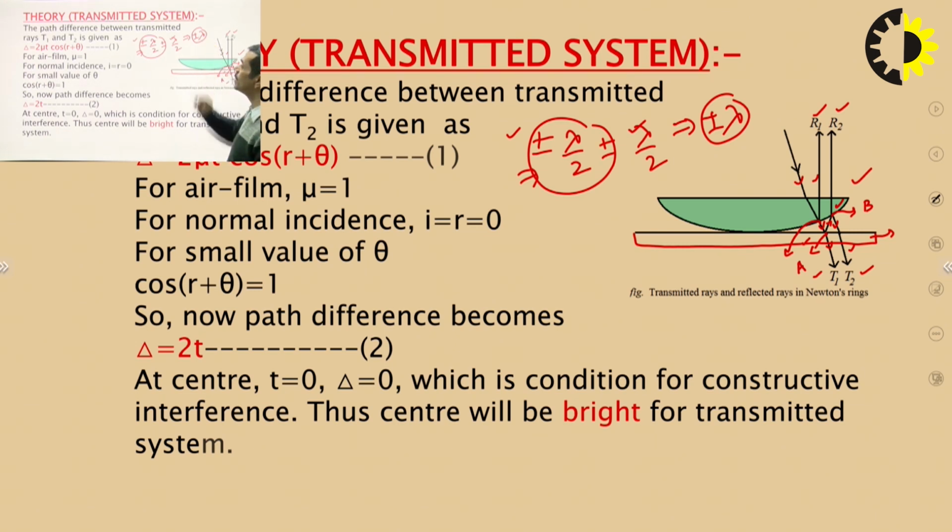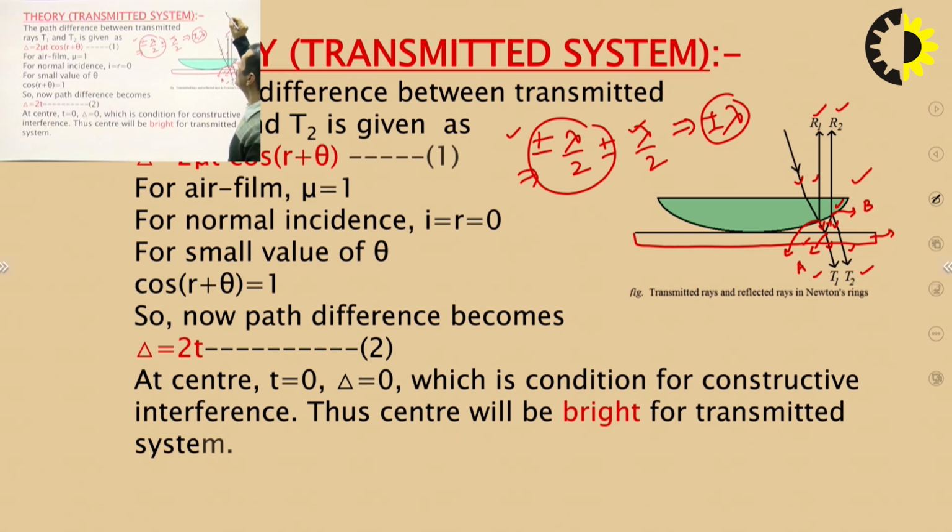And this plus minus lambda factor will not change the condition of dark and bright rings. That means if a dark ring is formed there, it will remain dark, and if a bright ring is formed there, it will remain bright, because it will not affect the condition of path difference.